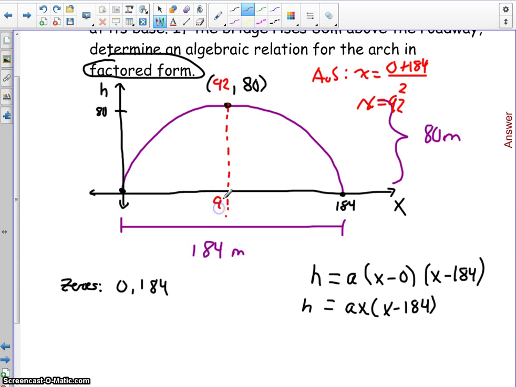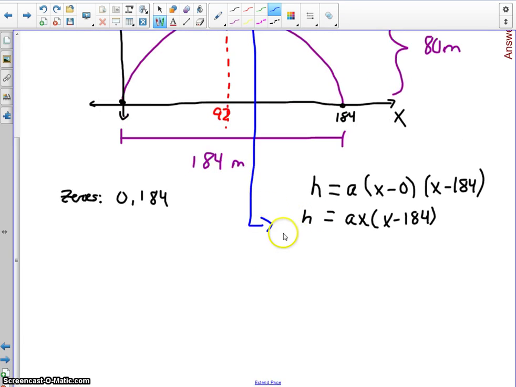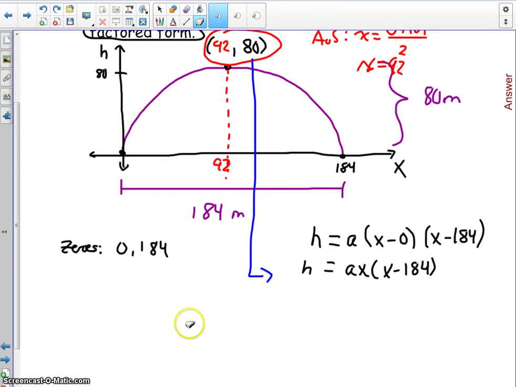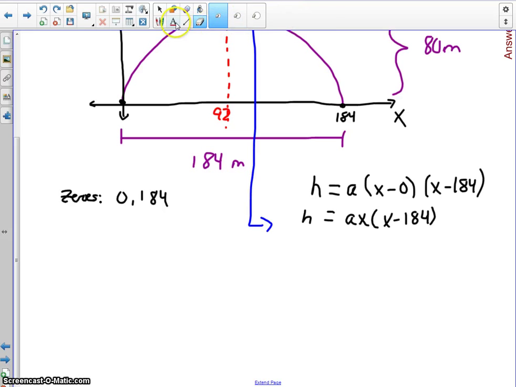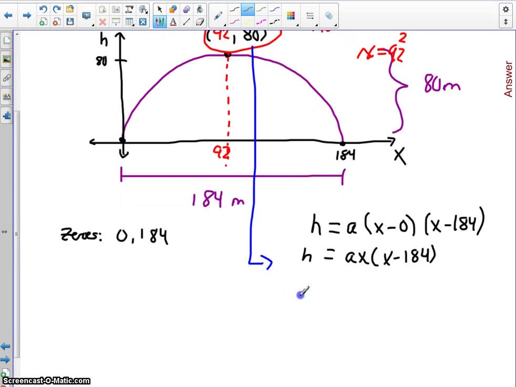So that's the x value of my vertex, but more importantly, it gives me a point that I can use in my equation down here to solve for my a value. If I sub in x being 92 and an h value of 80, I can solve for a. So my height is going to be 80 meters. At that point, my x value, my horizontal distance, is going to be 92.